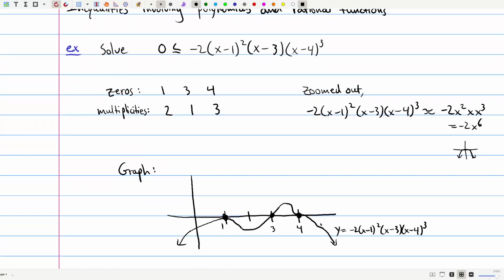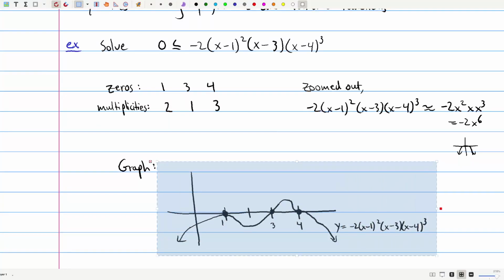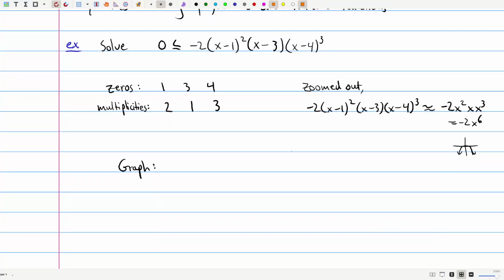So now we have enough information to give a rough sketch, and let's go through and do this again ourselves, from scratch. Here is how we'll go through this process.